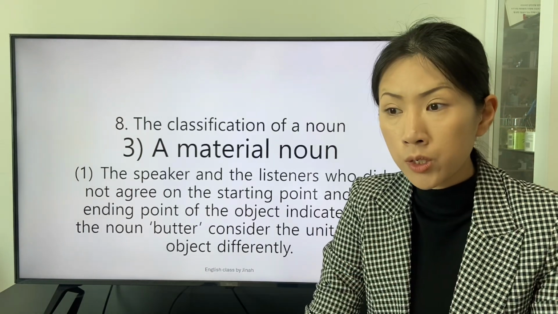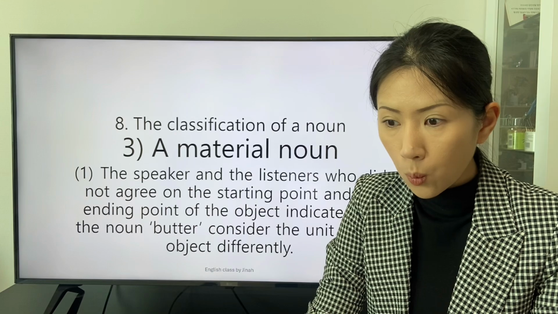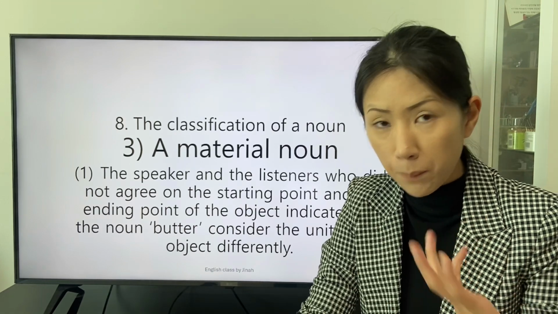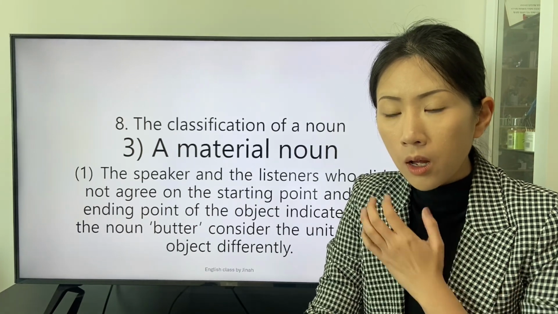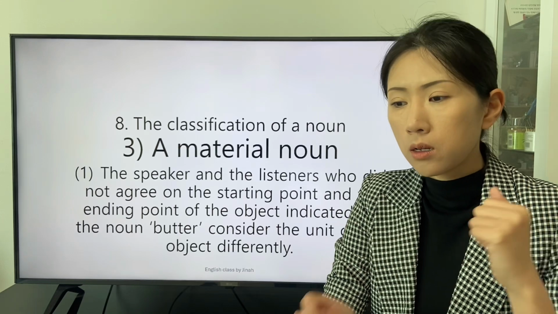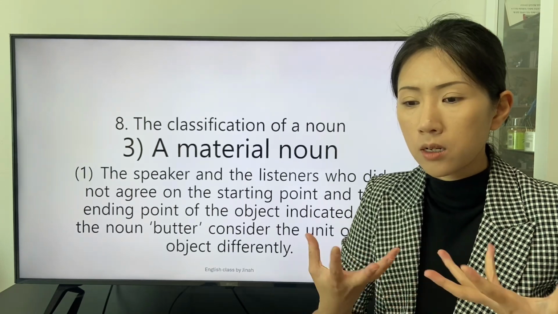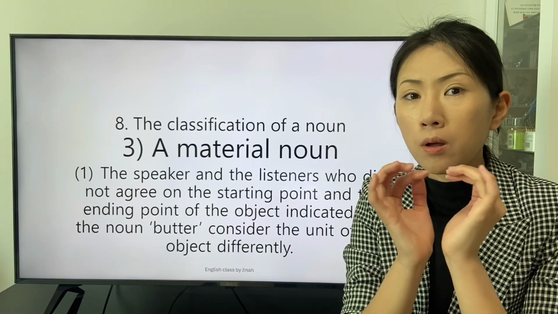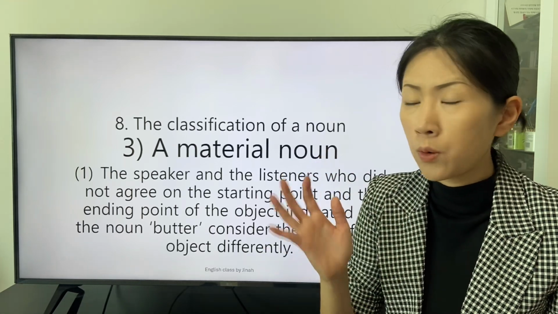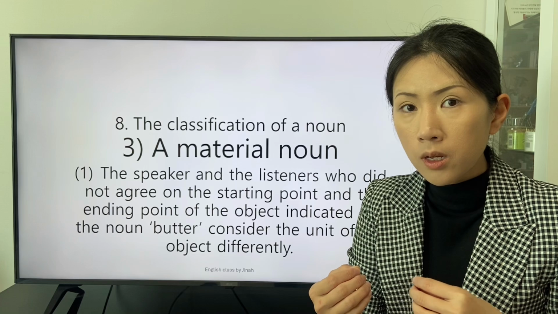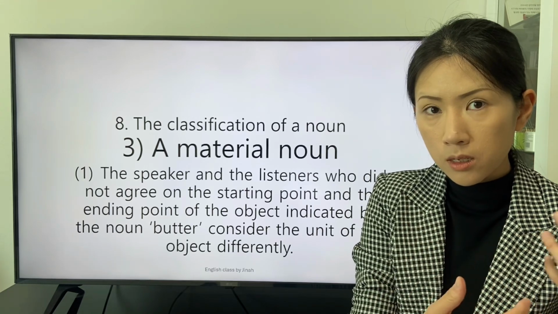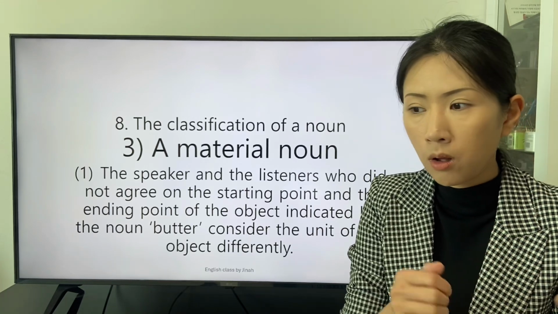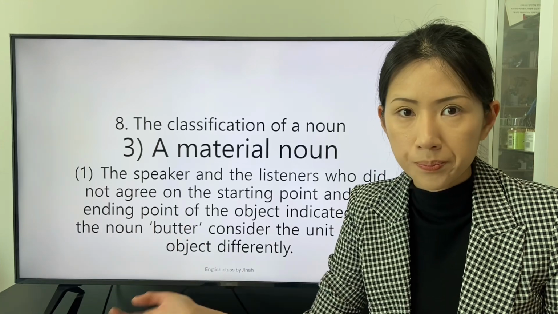If I tell you what the unit of butter is, we might come up with different sizes of butter because there wasn't any preceding agreement on the unit of the butter.